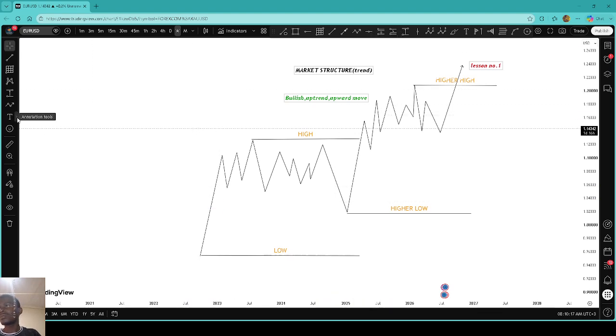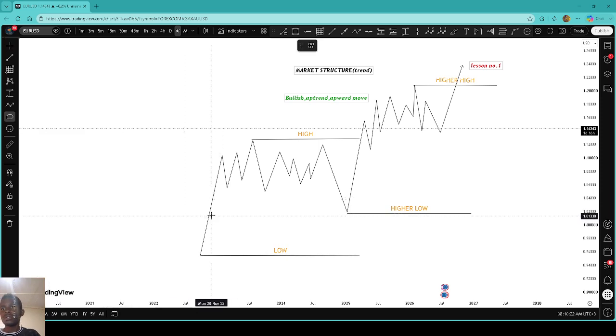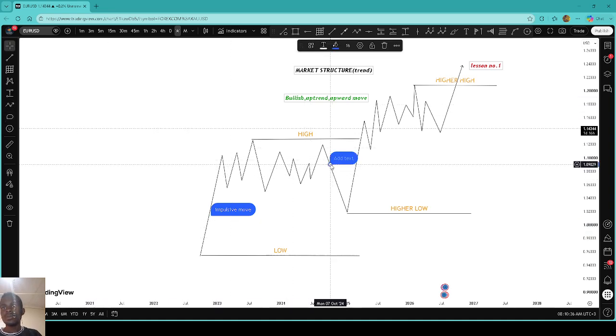So, let's use something more creative. Here, this is the impulsive move. Impulsive move. Now, then this one here becomes the retracement.